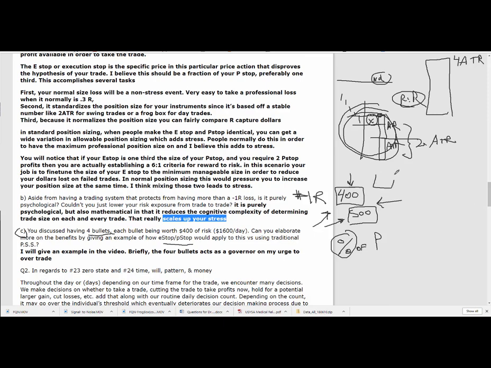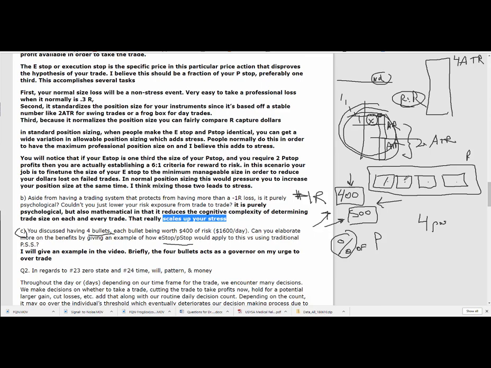Now, the idea of 4 bullets for me is not really related to the execution and position size stop at all, except to say that this is really a daily R, as in 4 chunks. And then what that means is I can only have 4 positions on.